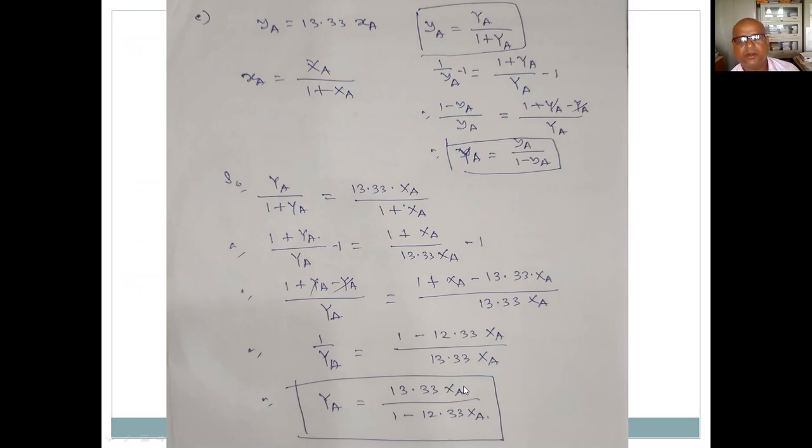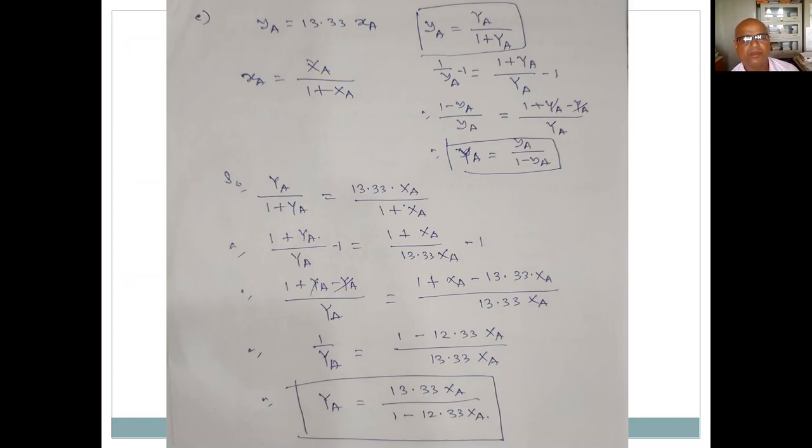So why is it required? Because in the problem statement the Henry's equation will be given in one form, it may be any form, but according to your problem statement you have to convert it.